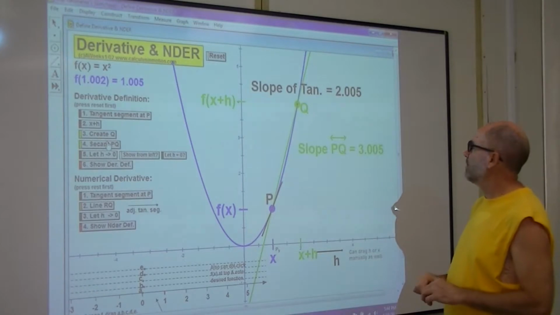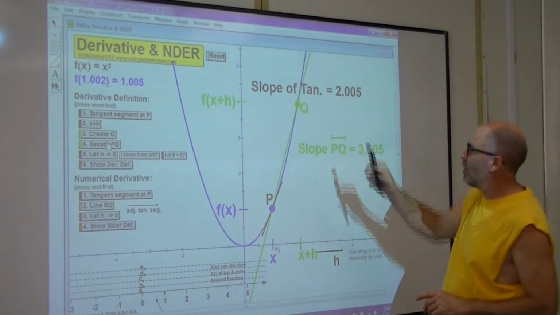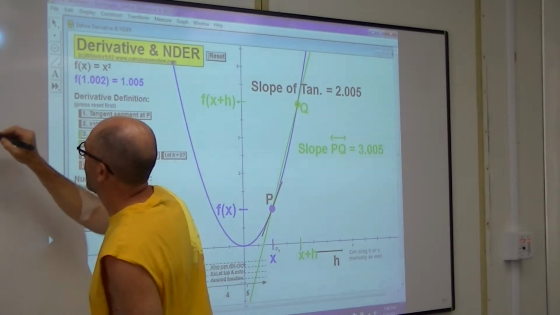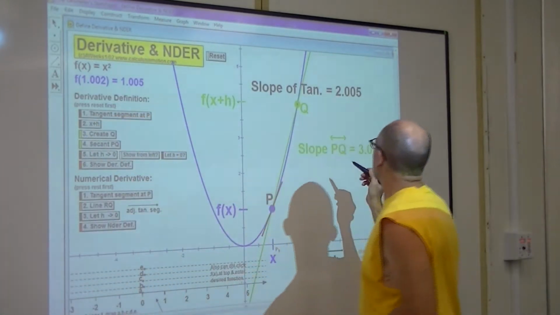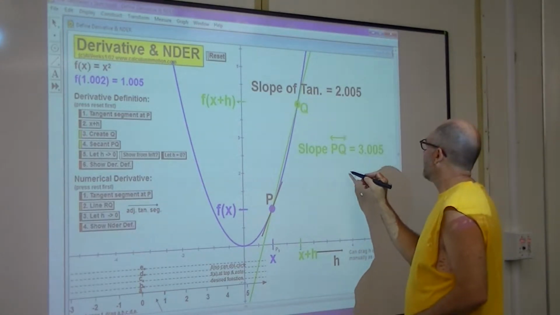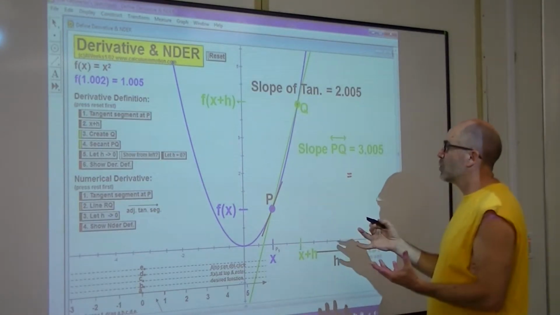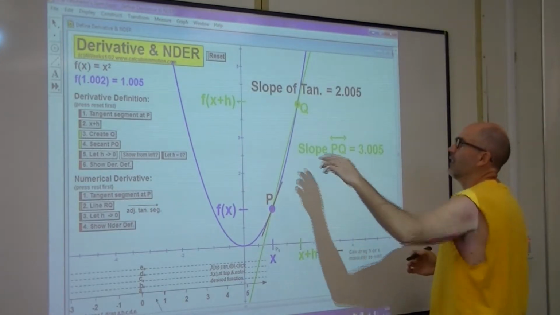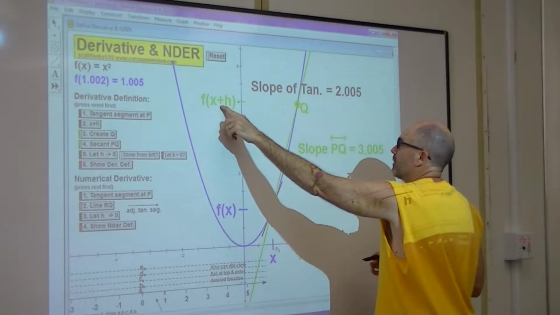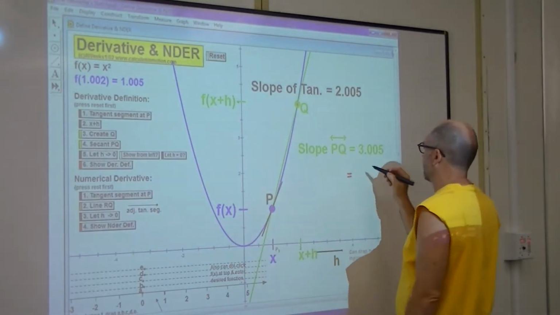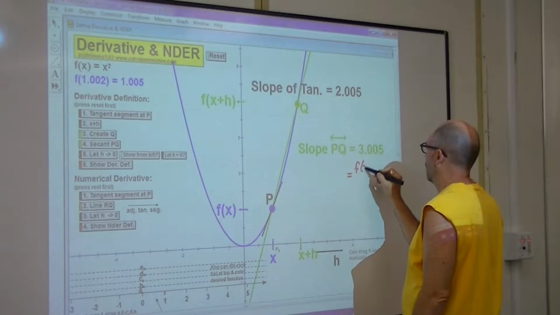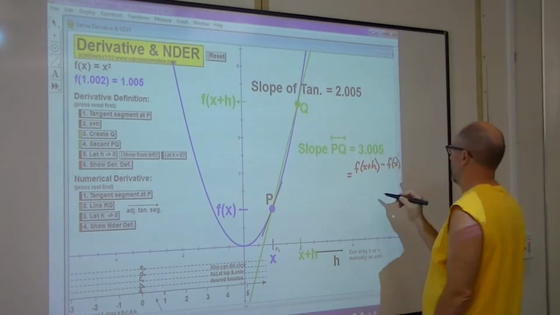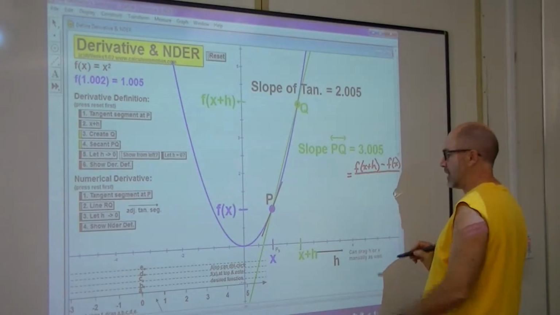Now, this slope of PQ is going to equal the change in y divided by the change in x. So what's my change in y? Well, it's f of x plus h minus f of x. And what's my change in x?